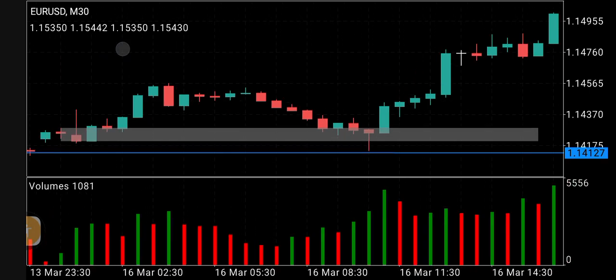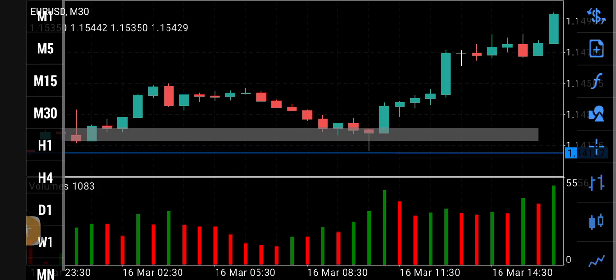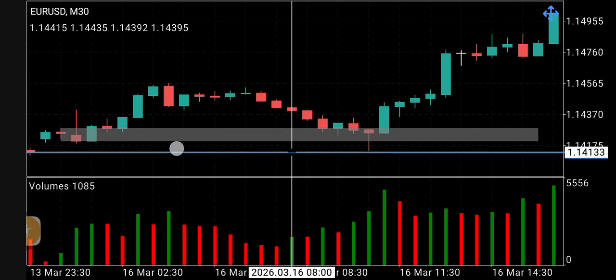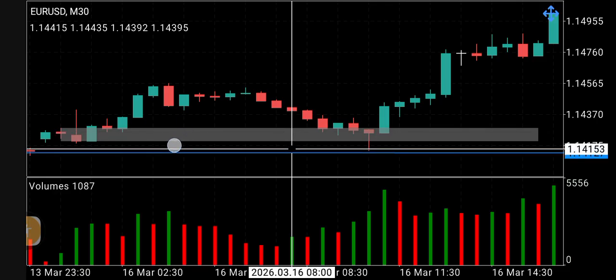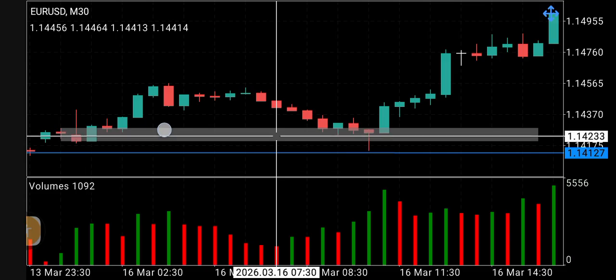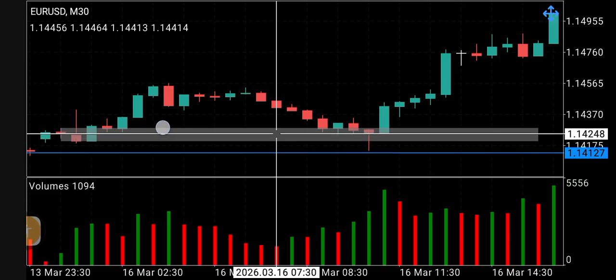So our stop loss, a few pips below, maybe 2 pips below this pin bar. The low is about 1.1414, and this is our entry, 1424, roughly 25. 25 minus 14 is 11.